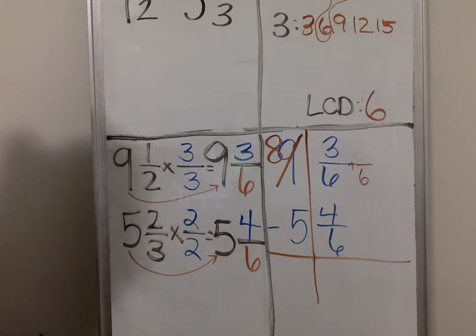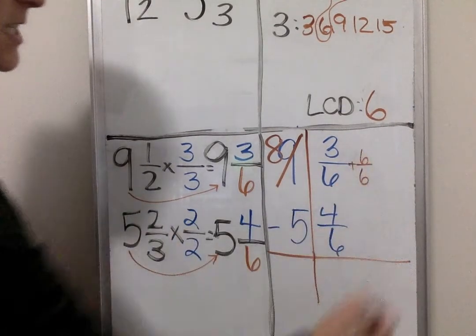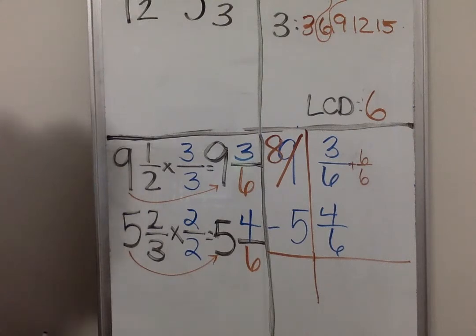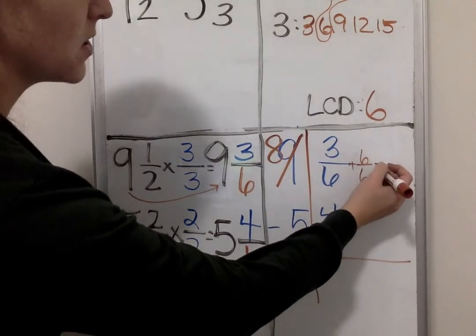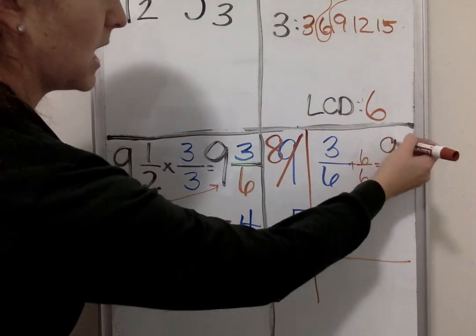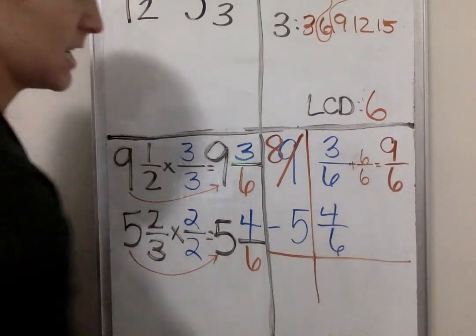So how would I write 1 whole with the denominator being 6 as a fraction? Well, it would be 6/6 because anytime the numerator and the denominator of a fraction are the same, it's going to be equivalent to 1. So I would have to do 3/6 plus 6/6, which is going to give me 9/6.